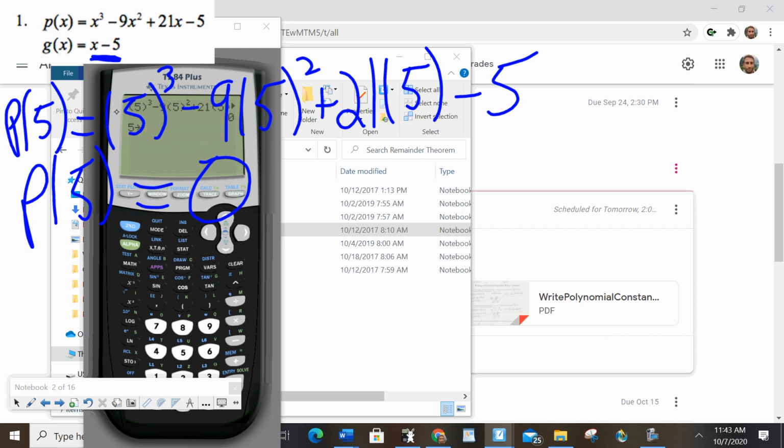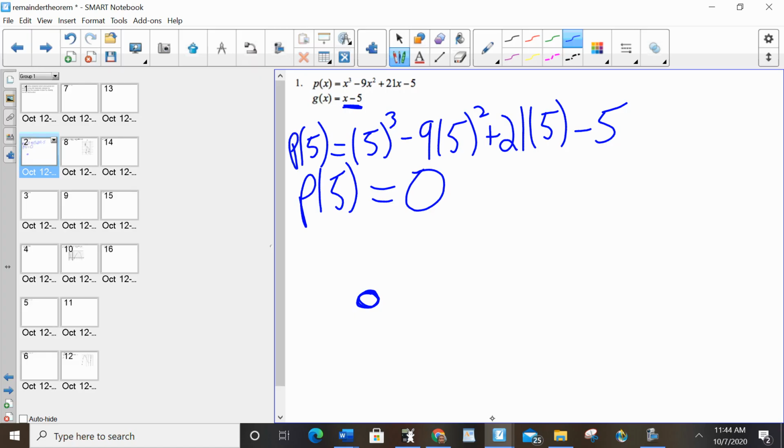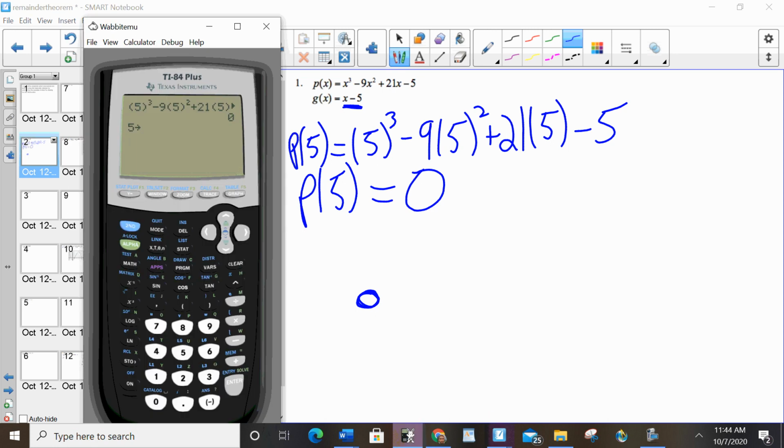Transparent background, perfect. So the store button is right here. So let me get back out of that. Pull the calculator back up. So I'm going to do 5 store as x. And then I'm just going to type in what I'm substituting into.